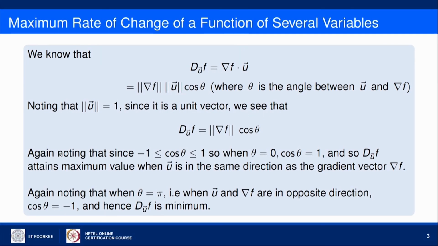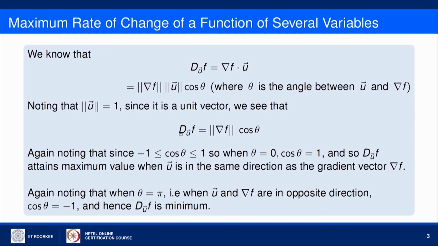We can notice that cos theta is between minus 1 and 1. So the maximum value of this will be the magnitude of gradient of f, and the minimum value will be minus the magnitude of gradient of f. When theta equals 0, cos theta becomes 1 and we get the maximum value.